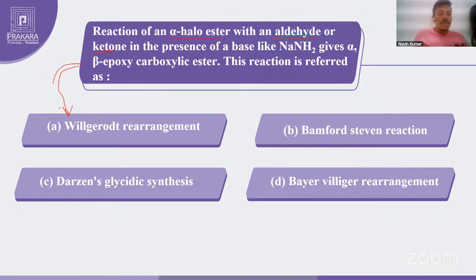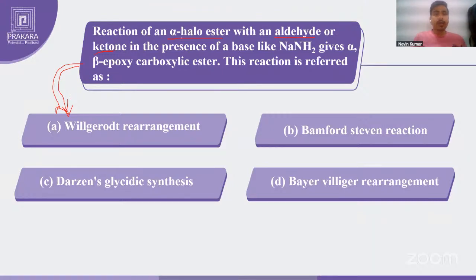I would like to correct myself: the question is asking for the name of the reaction. As I have discussed earlier, in the question they will either talk about the name or about the reagent. Here also the question is asking for the name of the reaction.